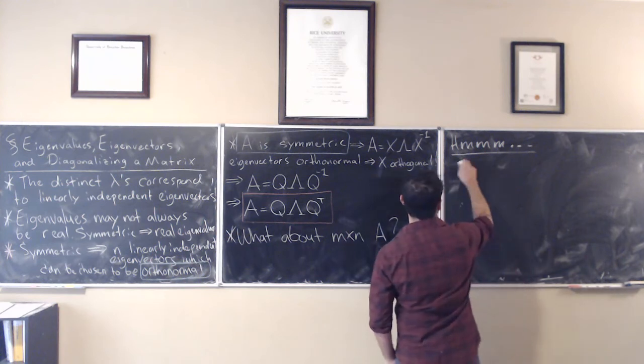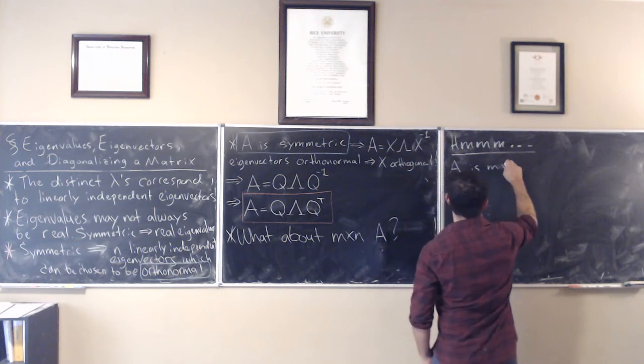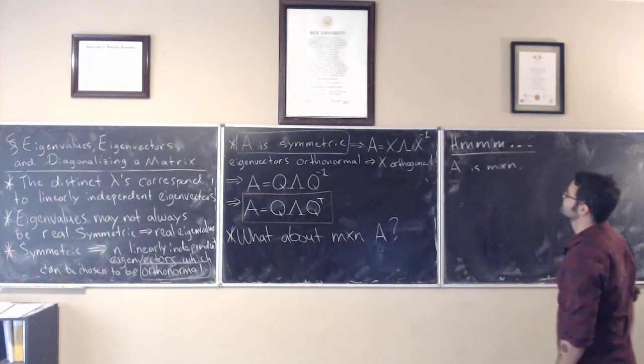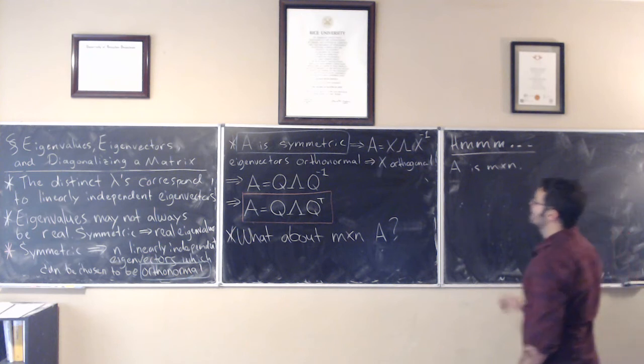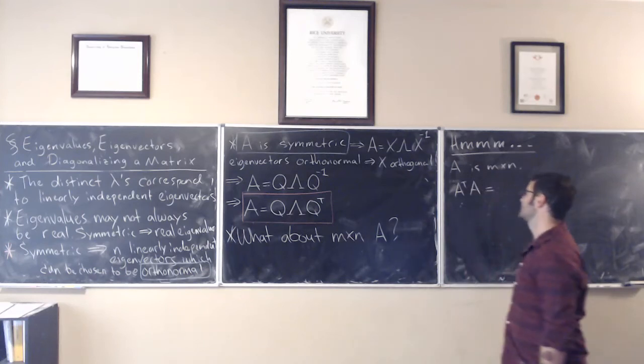Well, so if A is m by n, how big is A transpose times A? What's the size of that matrix?